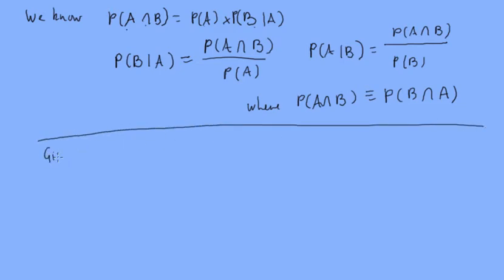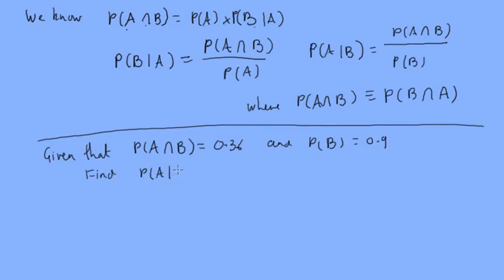So, given that the probability of A and B is equal to 0.36 and the probability of B is equal to 0.9, let's find the probability of A given that B has happened.